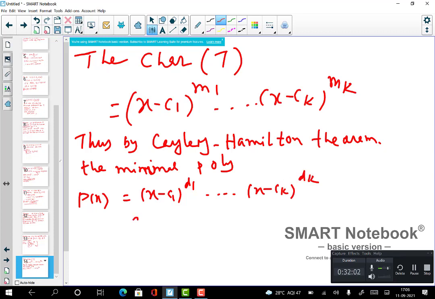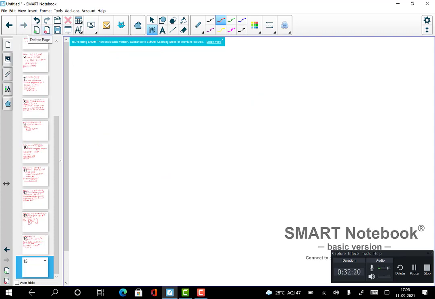These d_i's are less than or equal to m_i's, and each is at least 1, because all the roots of the characteristic polynomial should also be roots of the minimal polynomial. That we also learned. So this is the proof of one part. The next part is important, for which we need the property of the T-conductor that we used.